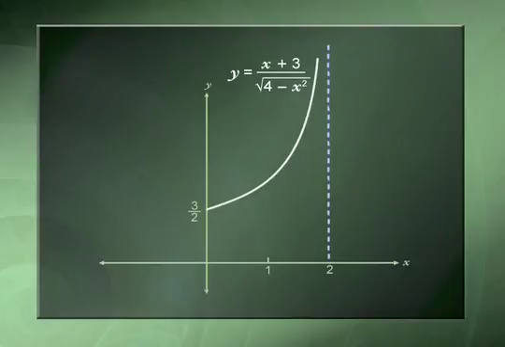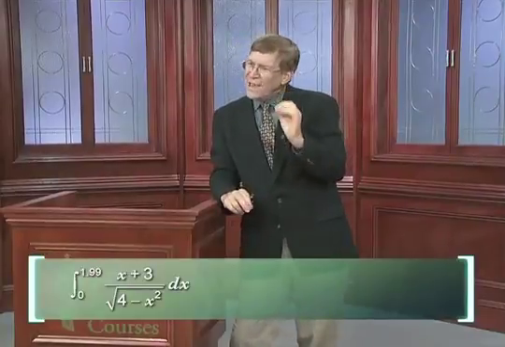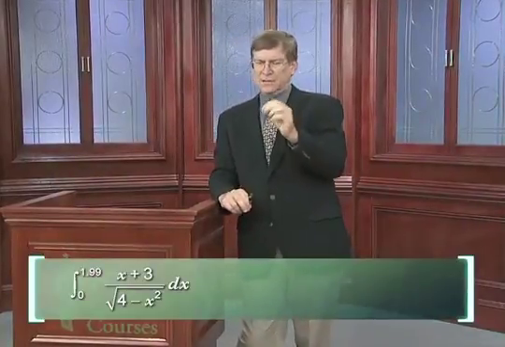So now I'm going to do the area right up hugging the vertical asymptote. Let's calculate it from 0 to 1.99, the same function. Would that be difficult to do by hand, just like we did the previous problem? I say no. It's the same antiderivative.